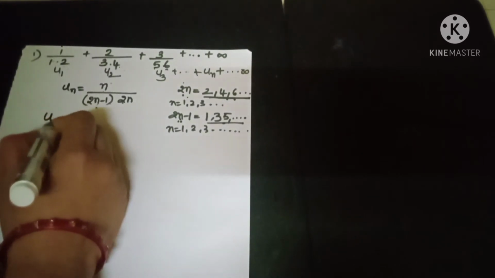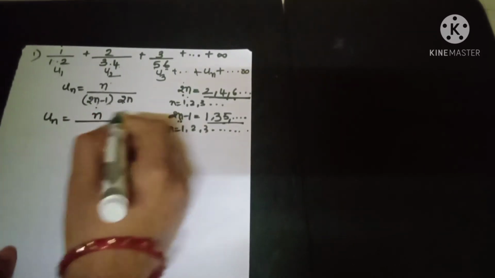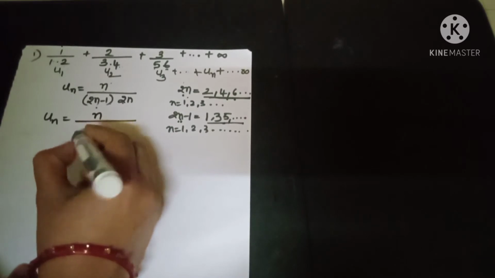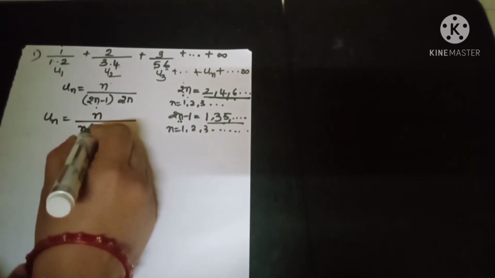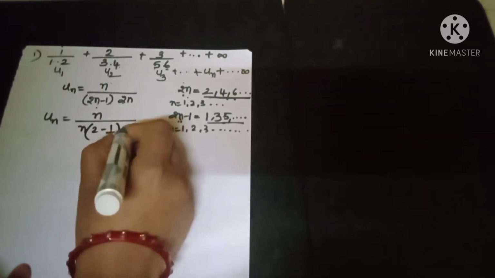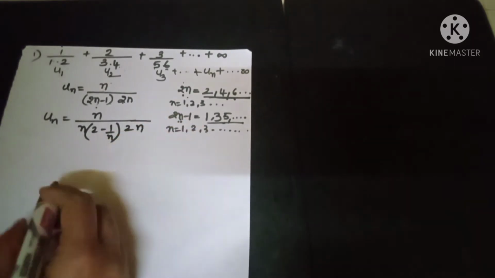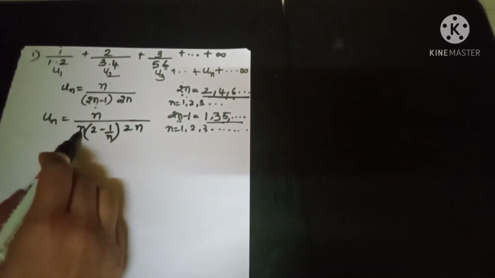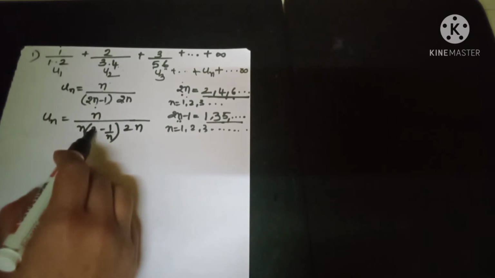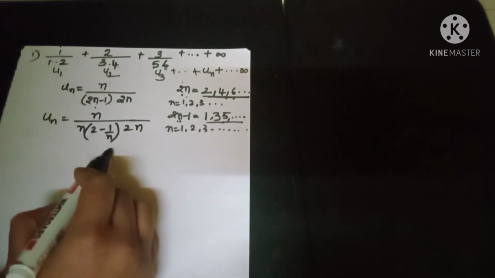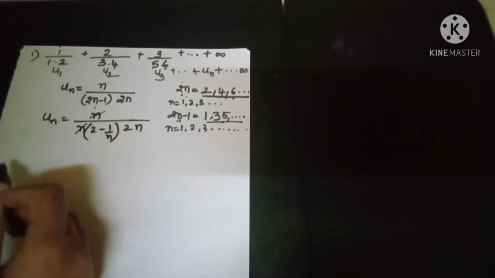Next, I take n outside as a common factor. Then you get 2 minus 1 by n. Here there is nothing, 2n. Take n outside, we are left with 2 minus 1 by n. So n gets cancelled.